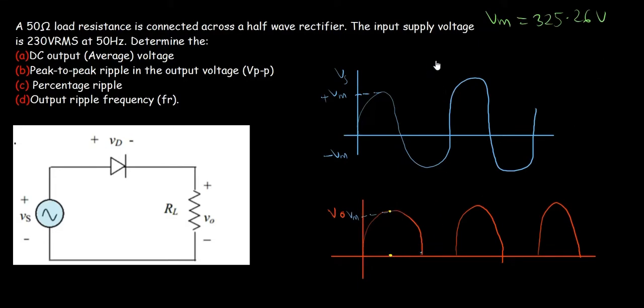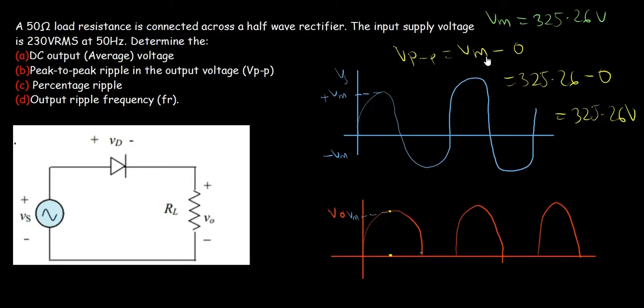So the peak to peak ripple voltage, that will be Vm minus the minimum voltage, which in this case is 0. So that will be 325.26 minus 0, which will still be 325.26 volts.